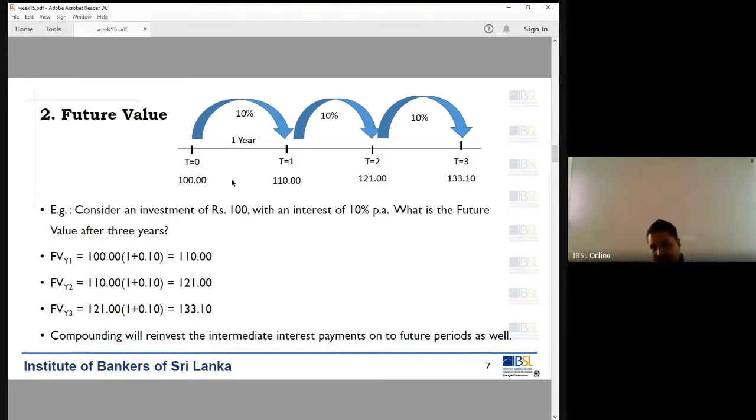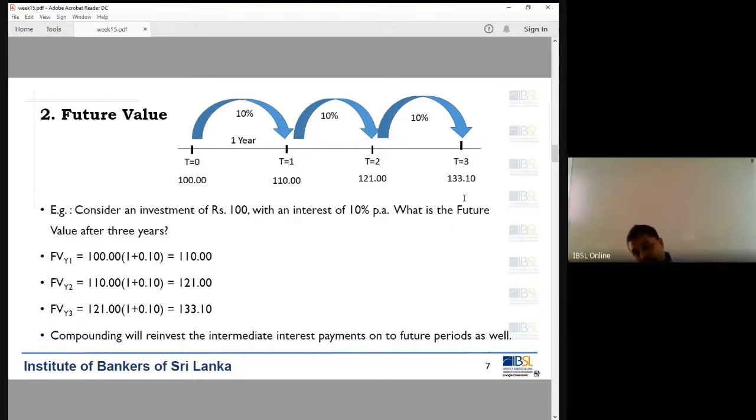That's fine. This 10 rupee, okay, 110. This 11 rupee, that is 121 minus 110. That's also fine. So that means 121. So 133.10 minus 121, then you have received another 12.1 rupee of interest.